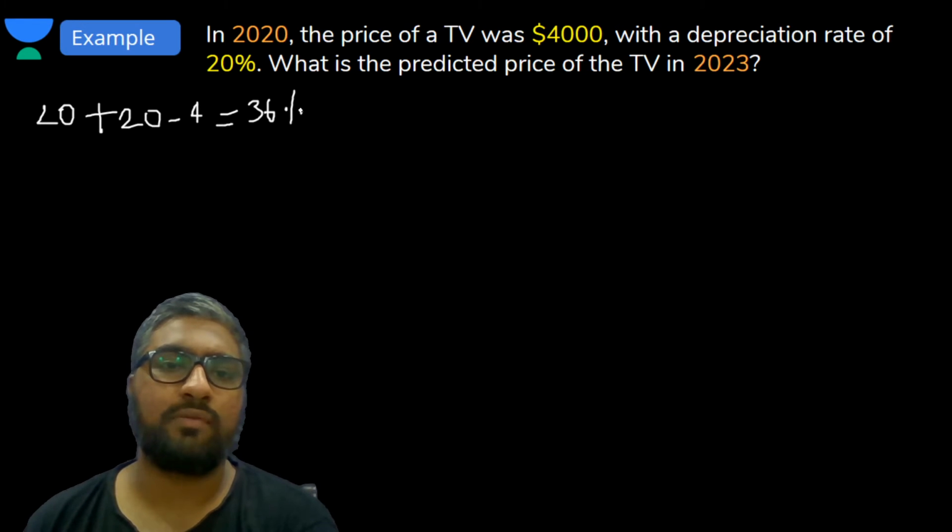Now this would be for 2 years. For the third year, it will be 36%, and another 20 is to be deducted.